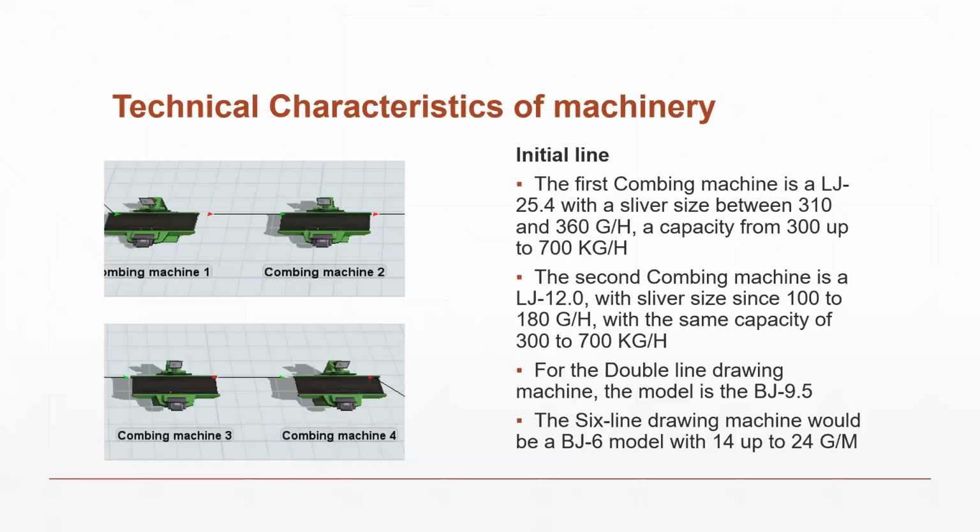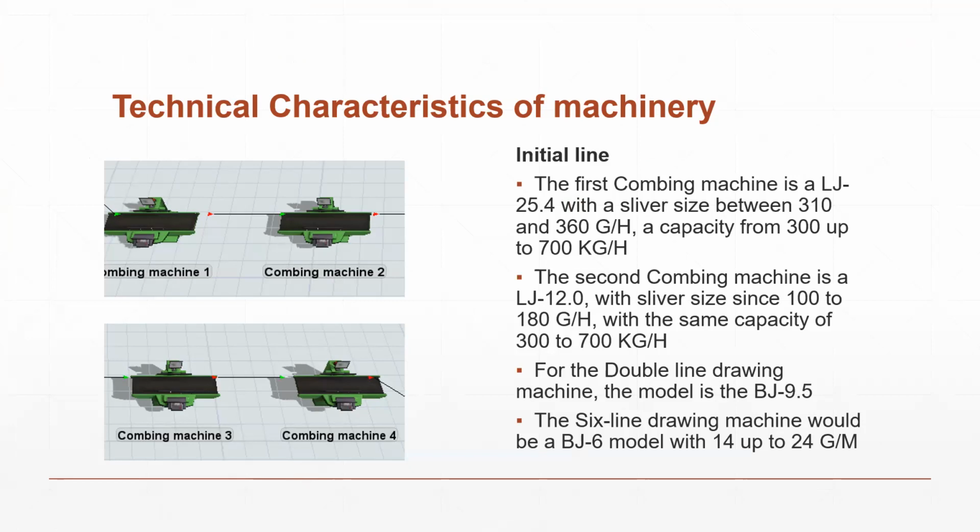Next, the initial line. The first combing machine is the LJ 25.4 with a capacity from 300 up to 700 kilograms per hour. The second combing machine is the LJ 12 with a capacity of 300 to 700 kilograms per hour.